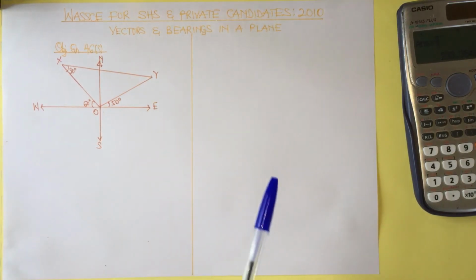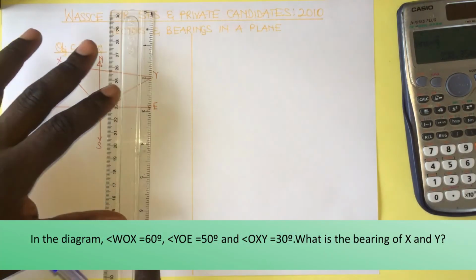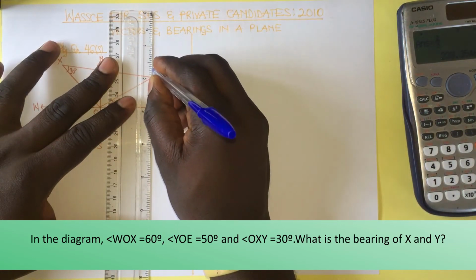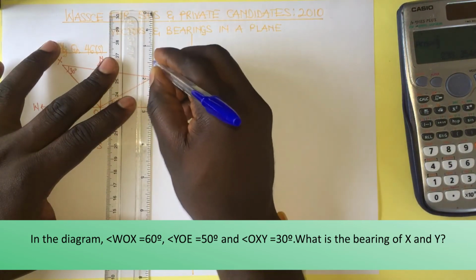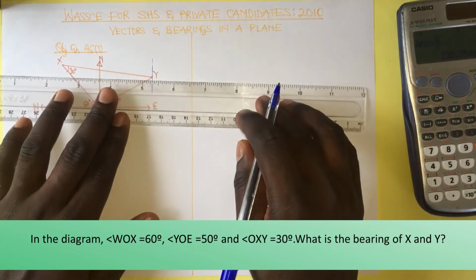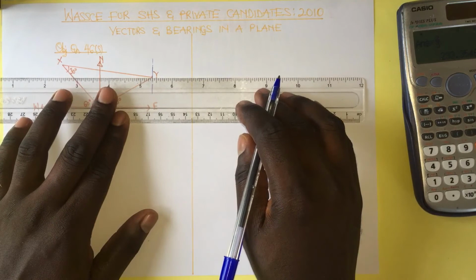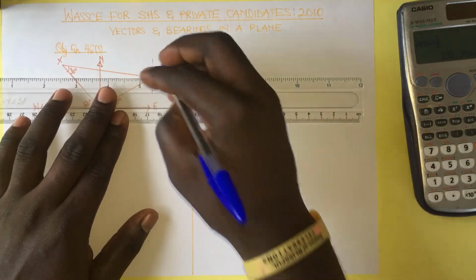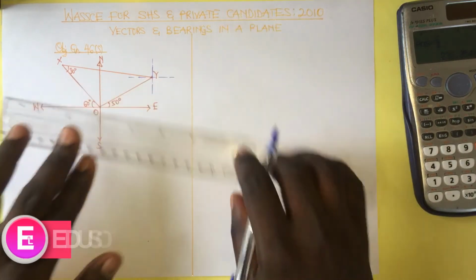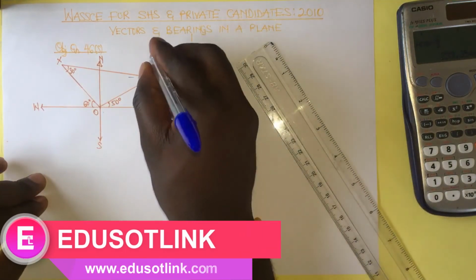So we locate where our coordinate plane, that's the X and Y axis, will be. It will be at Y. We want to find the bearing of X from Y. We draw it nicely here. So this is the North Pole.